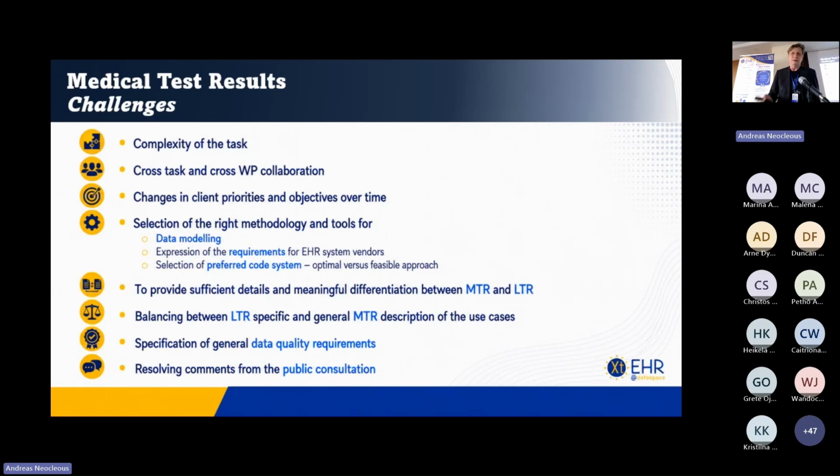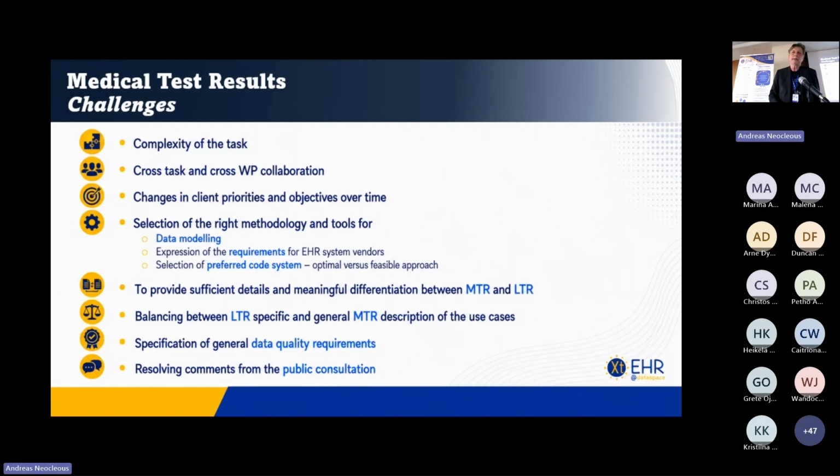So it was not easy to specify them or to define them with an appropriate level of differentiation. We tried. I think that we produced a relatively comprehensive and good definition. We will see how the member states will like it, and that was one of the achievements that I think we can be proud of.